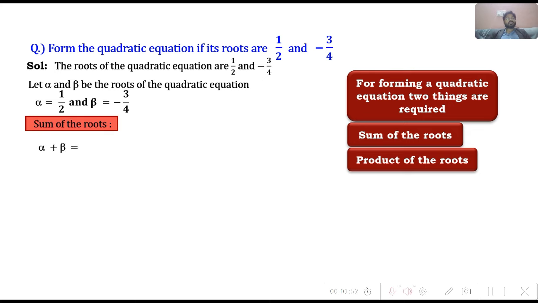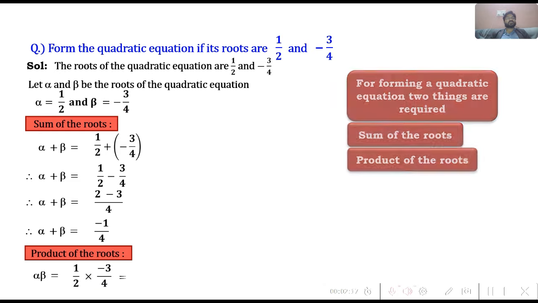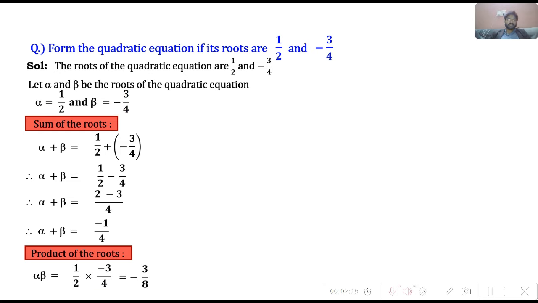So sum of roots alpha plus beta is equal to 1 by 2 plus minus 3 by 4. So taking LCM, we will get minus 1 by 4. Now product of roots: alpha is 1 by 2, beta is minus 3 by 4, so minus 3 by 8.